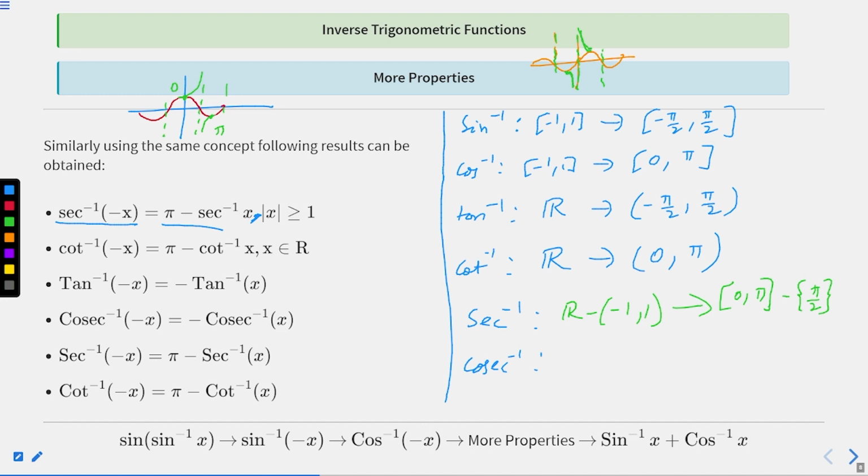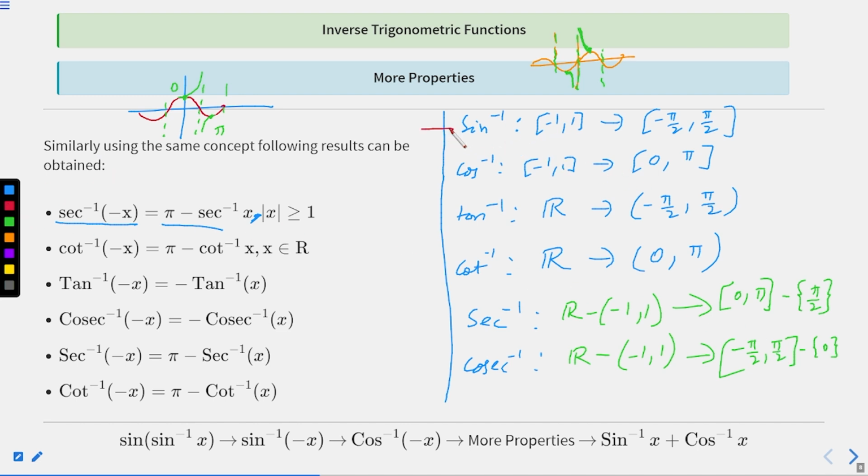So the cosec inverse function is defined for all real numbers except the open interval minus 1 to 1, and the principal value branch is minus pi by 2 to plus pi by 2, the closed interval, but eliminating this 0 point.